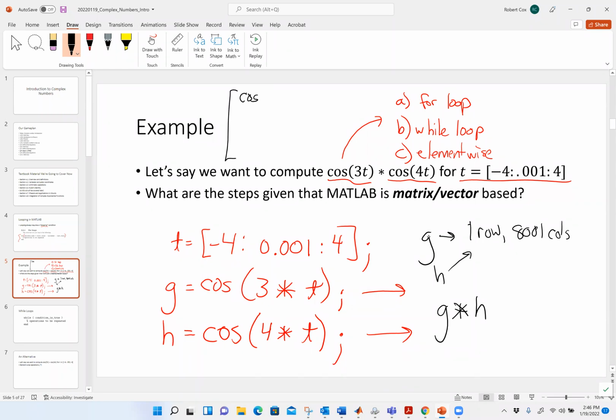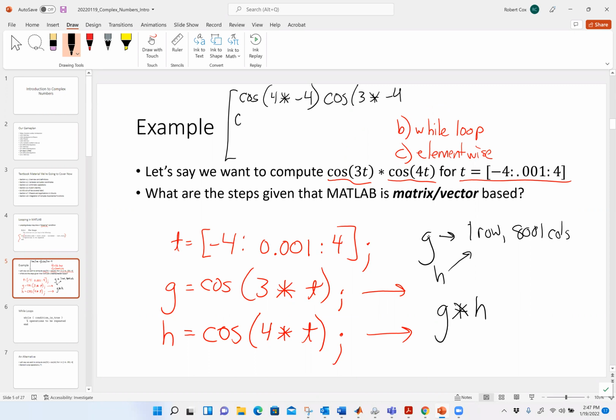Cosine of 4 times -4, times cosine of 3 times -4. That's the first entry.